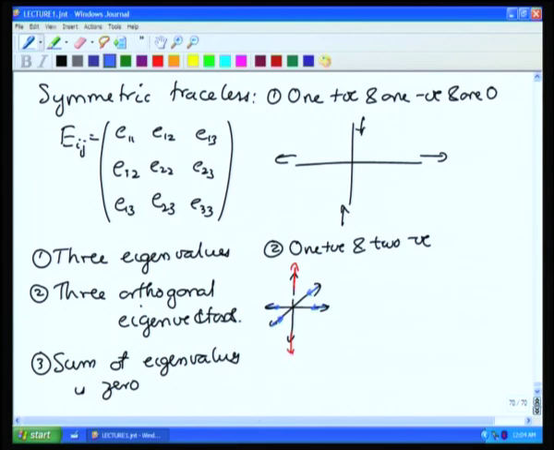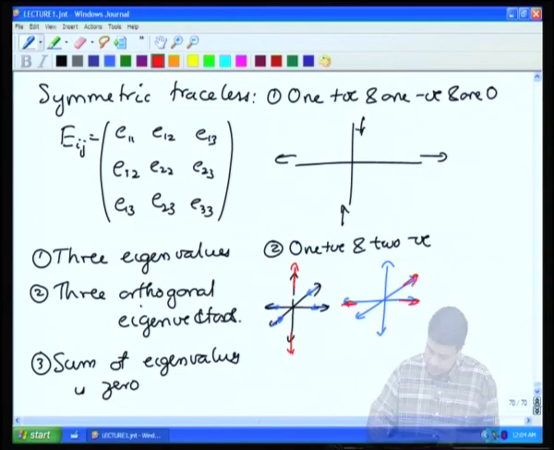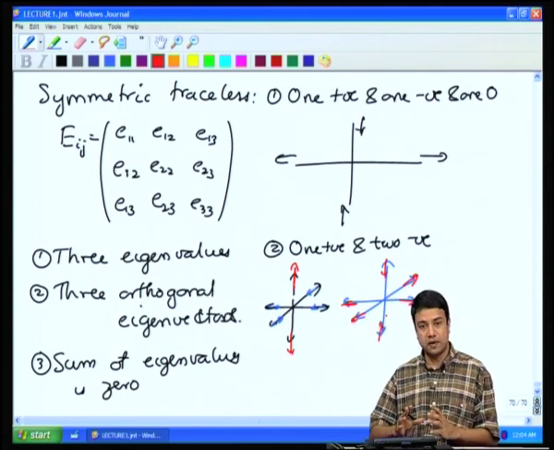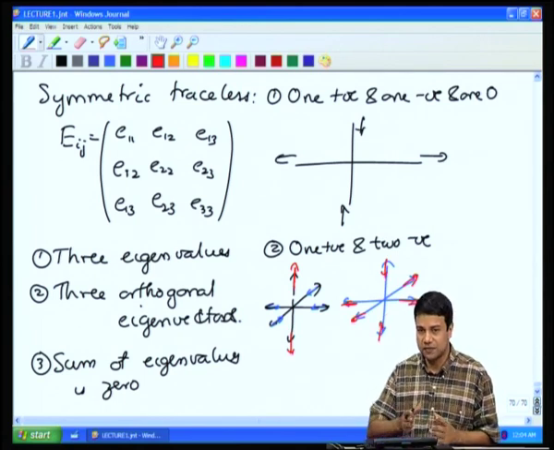On the other hand, if I have 2 positive and 1 negative, it is the other way around. There is stretching along 2 directions and compression along the third direction. So, that would look something like this. That is biaxial extension. You cannot have all 3 positive because then the sum of the eigenvalues would not be equal to 0.